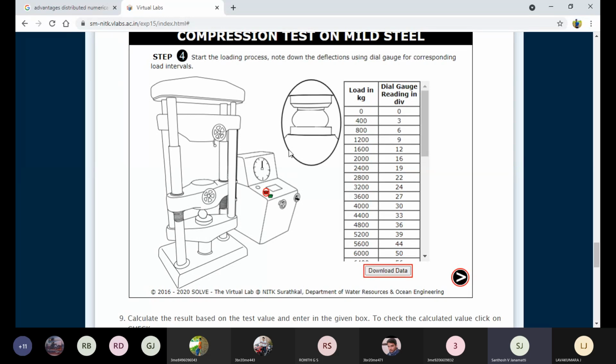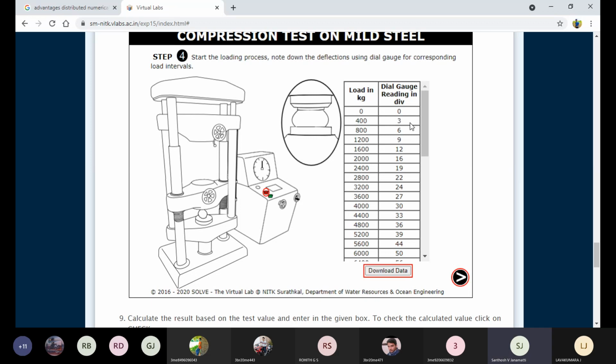We can also note down the workpiece. Here we are zooming in on the workpiece, as we can see the changes taking place in the material. Shape and size will change after the yield. Up to the yield, nothing happens to the material. Yield may happen up to 200, because at 400 we are getting some changes in the material.